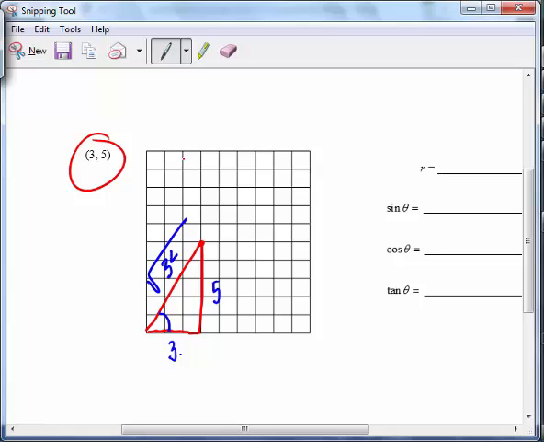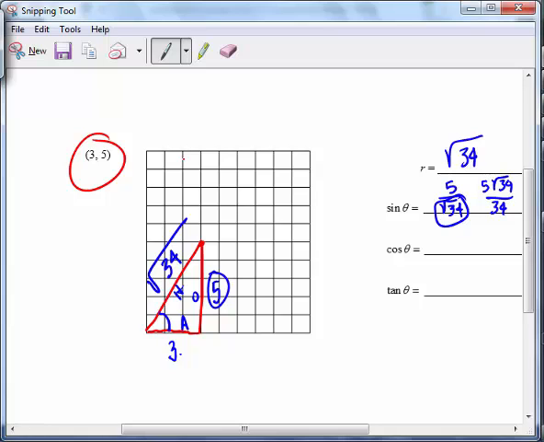So that's the square root of 34. So the sine of that angle, opposite over hypotenuse, is 5 over the root of 34. We can't leave the square root in the denominator, so we say 5 root 34 over 34.